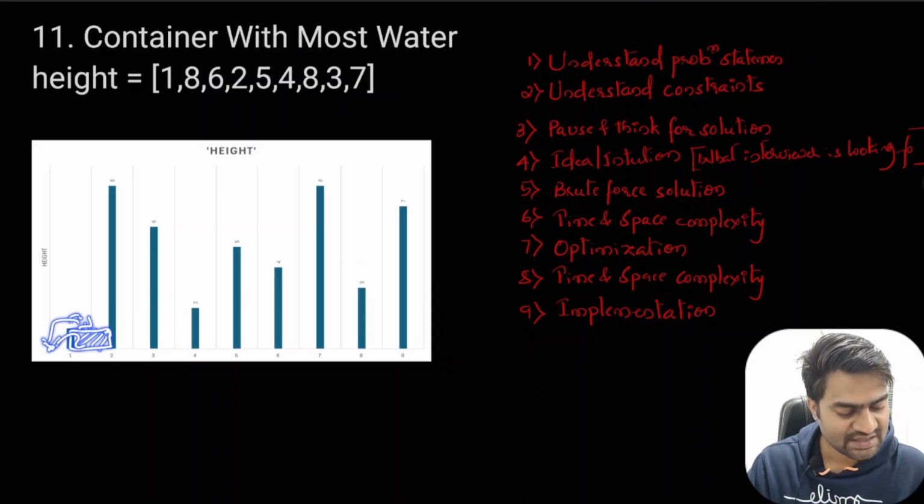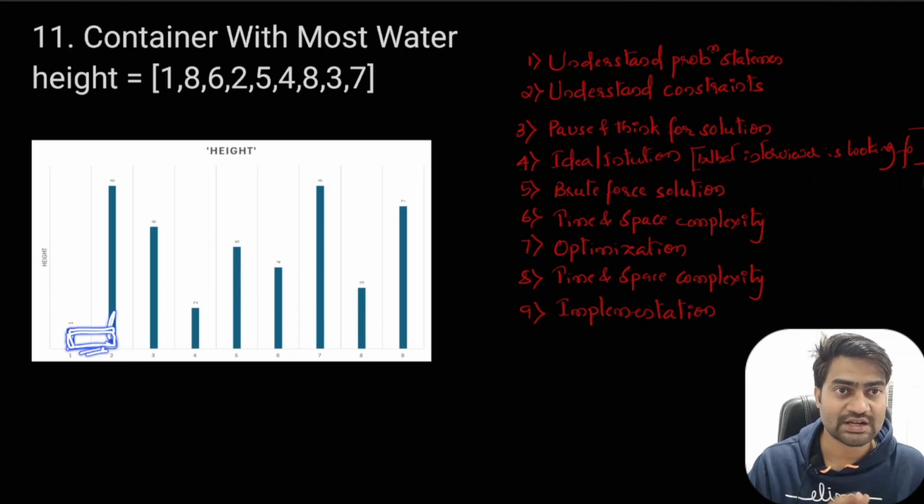So if I want to find this particular area, I need the minimum height between these two lines and the distance between them, because this is a rectangle. If I find the area of this rectangle, then I get the quantity of water these two lines hold.